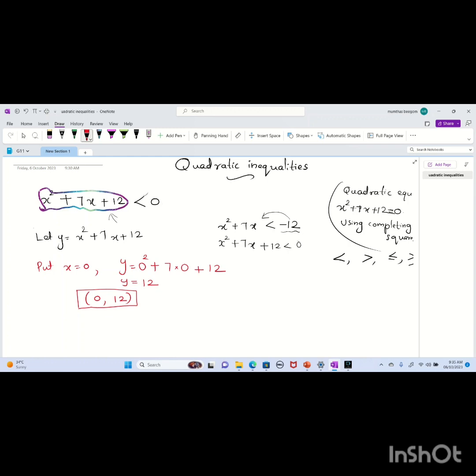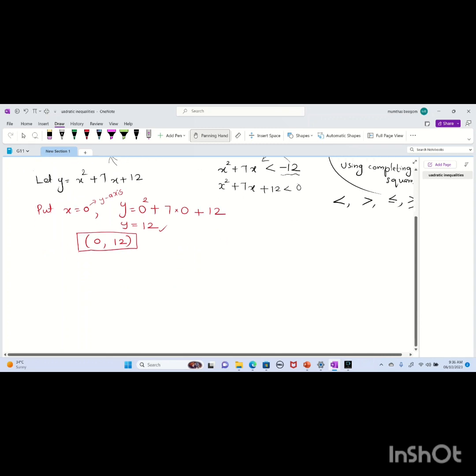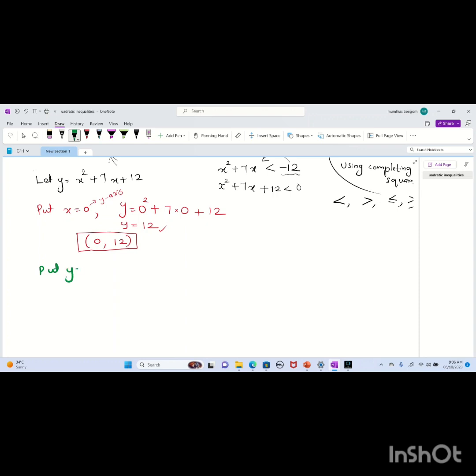X is 0 means y axis. Always remember x 0 means y axis. So we are getting the point 12 on the y axis. Now after this, we will substitute for y. So put y equal to 0. When y equals 0, this equation becomes 0 equals x square plus 7x plus 12.